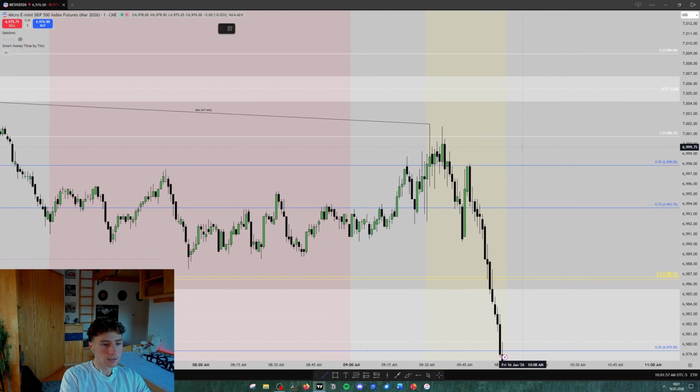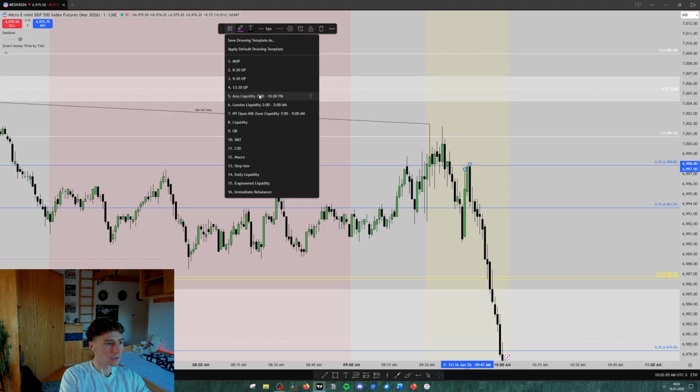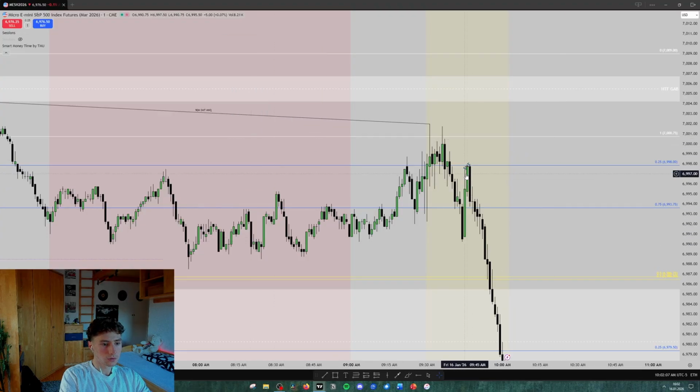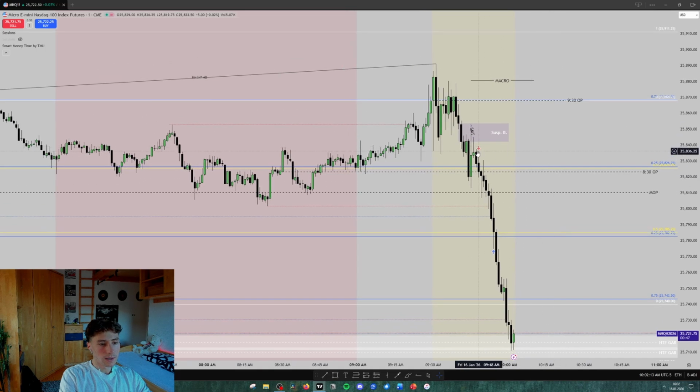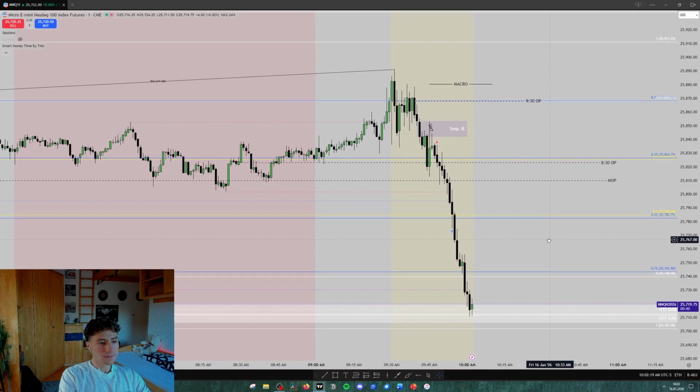And then we had the SMT, I think right here, so we took out the high, which we did not on NQ. So the huge break to the upside. I will go back to NQ, so we failed to do that. I entered right here and closed my position right here. And that's basically it.